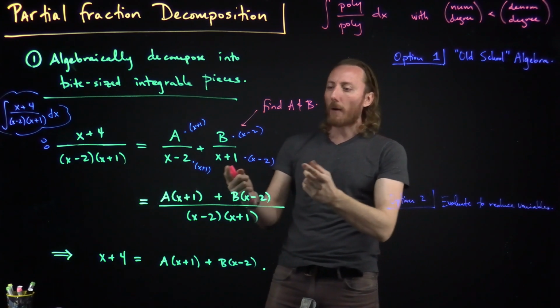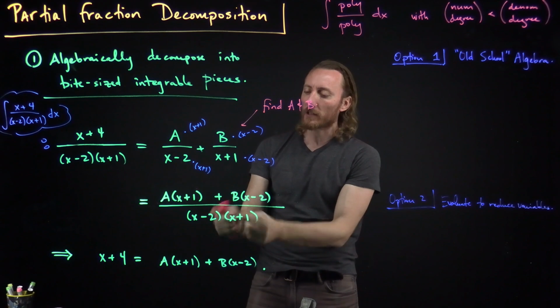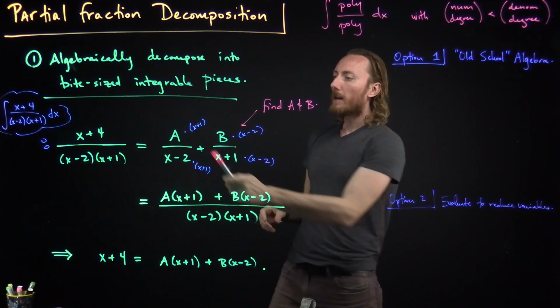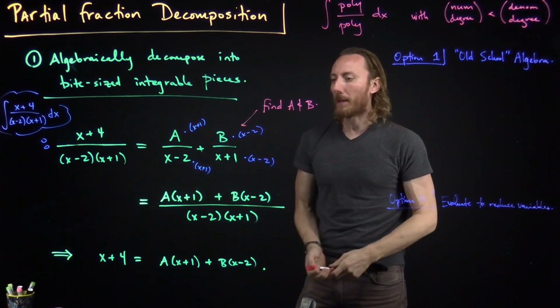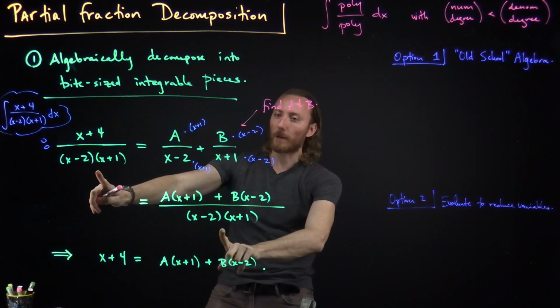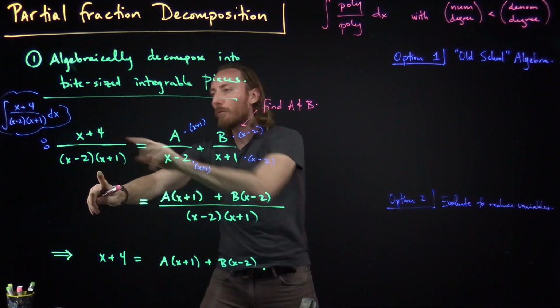So if we now have a common denominator, x plus 1, x minus 2, on each of our fractions, we could put those numerators over that common denominator. The first numerator would be A times x plus 1, and the second numerator would be B times x minus 2. Now, observe, between these two expressions that we've conjured up, they both have the same denominator, and they are equal fractions.